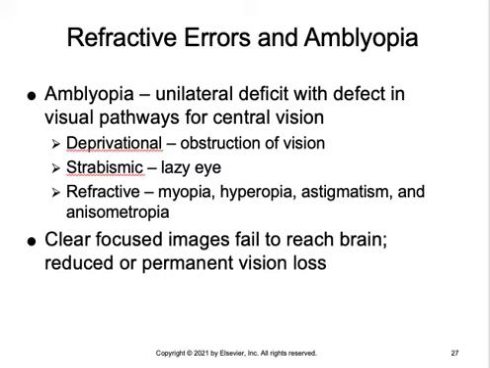So just a few comments about amblyopia. Amblyopia is a unilateral deficit with a defect in the vision. A lot of times we'll use the names interchangeably between strabismus and amblyopia.